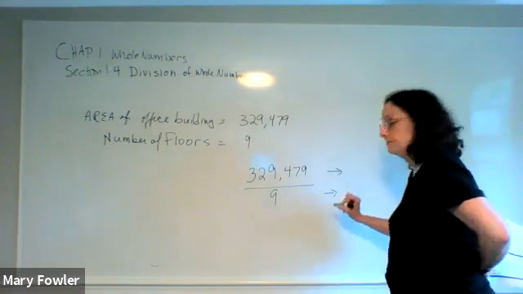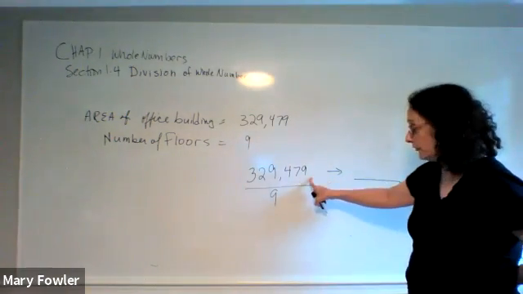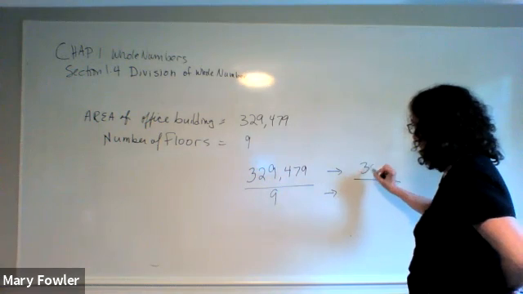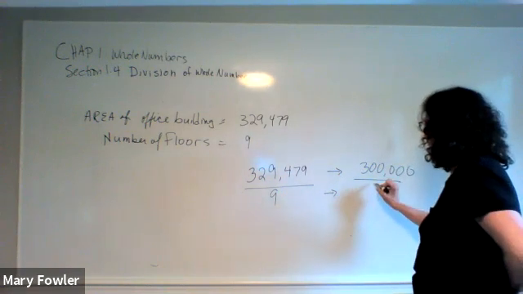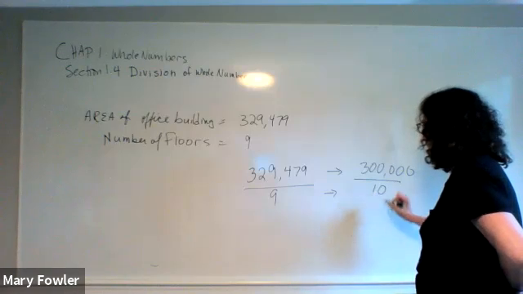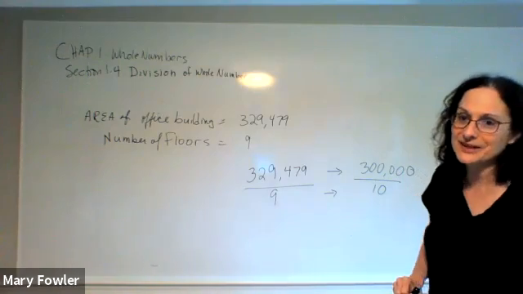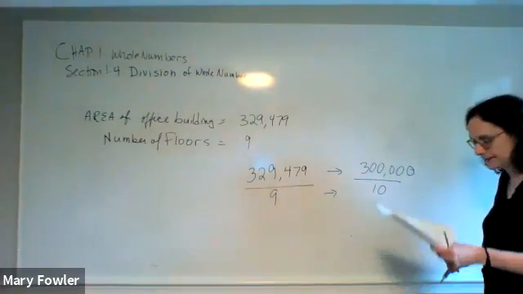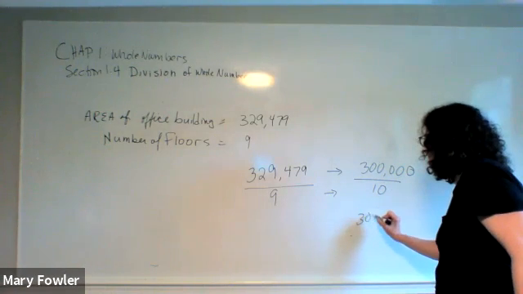And use these arrows to imply that we are estimating. So the numerator is approximately 300,000, and the denominator is approximately 10. Okay, now we have an easier problem. 300,000 divided by 10. And let's go ahead and do that.